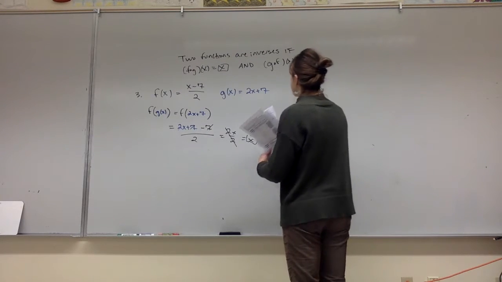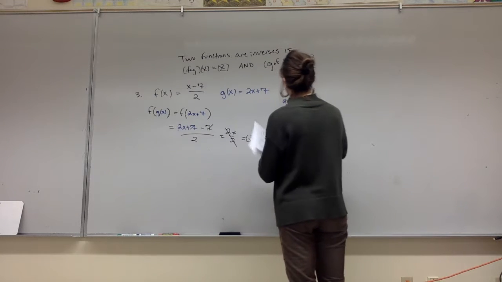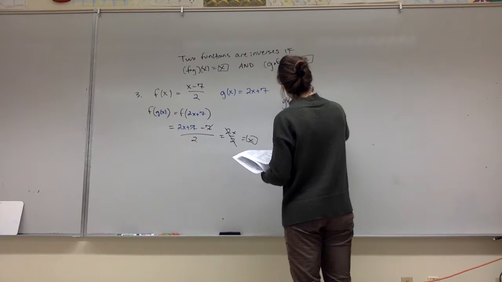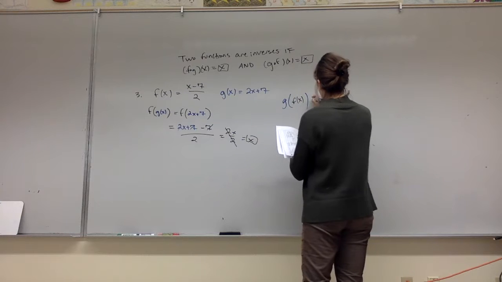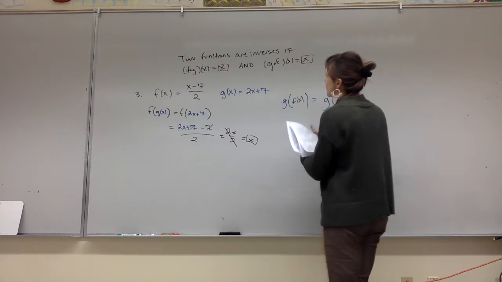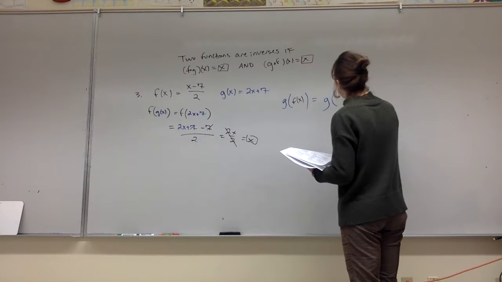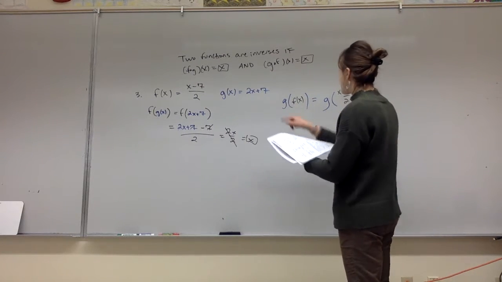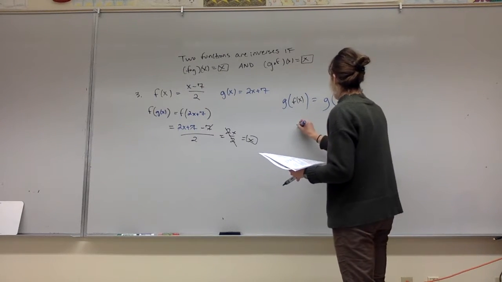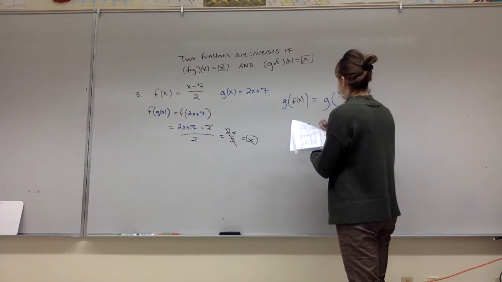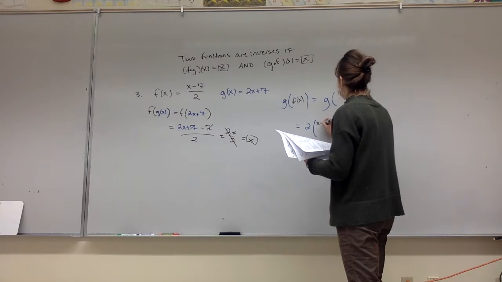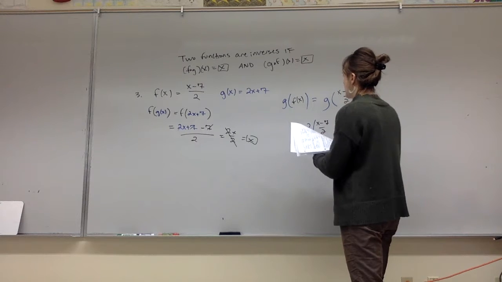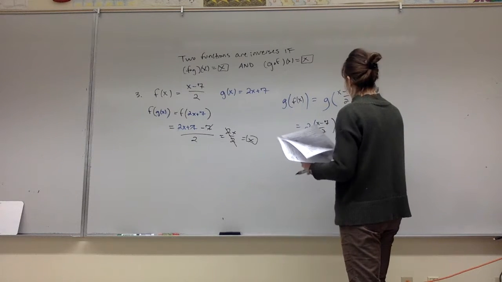So now I'm going to solve for g of f of x, which also equals g of x minus 7 over 2. So we're going to plug this in for x here. So I have 2 times x minus 7 over 2 plus 7.